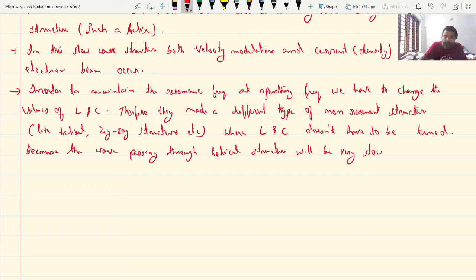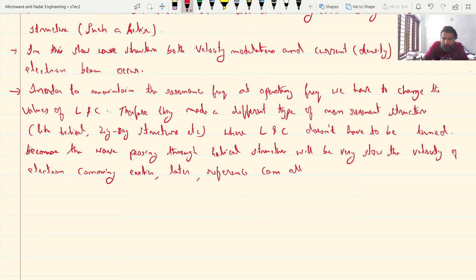So the velocity of the electrons coming earlier, later, and similarly the reference electron, can all be bunched at a particular point on the structure or on a particular section.